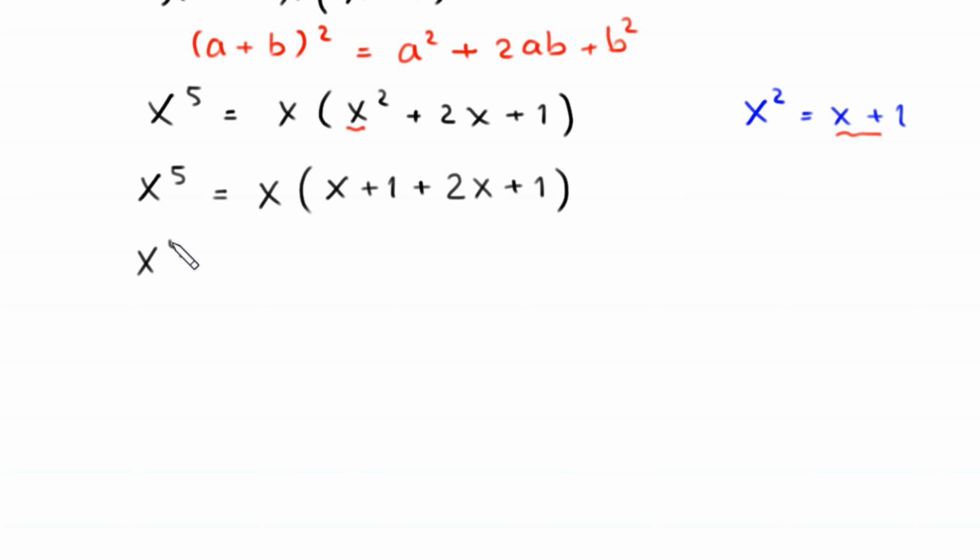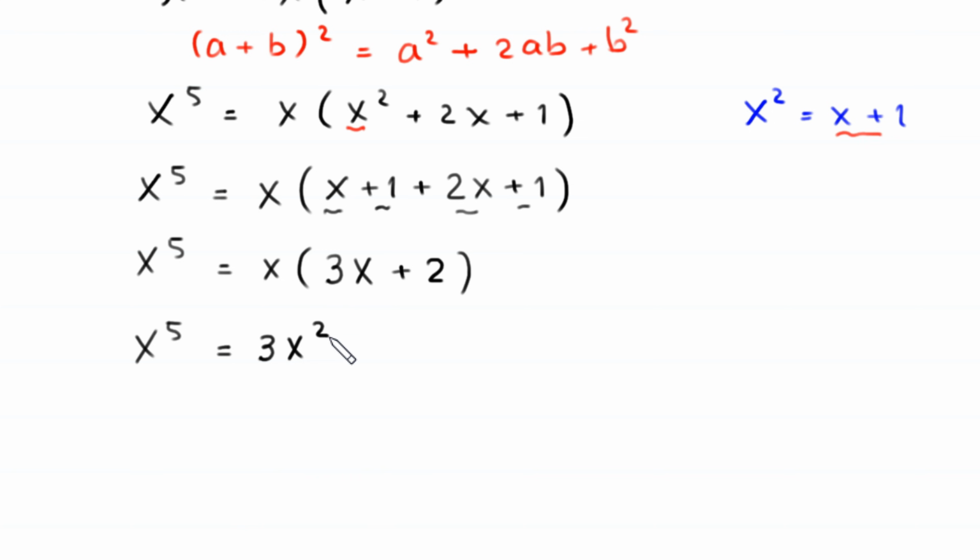Next, x to the power 5 is equal to x times this x plus 2x will become 3 times x, and this 1 plus 1 will become plus 2. Next, x to the power 5 is equal to distribute this x times 3x, 3x squared, x times 2 plus 2x, and in this equation we replace this x squared with this x plus 1.